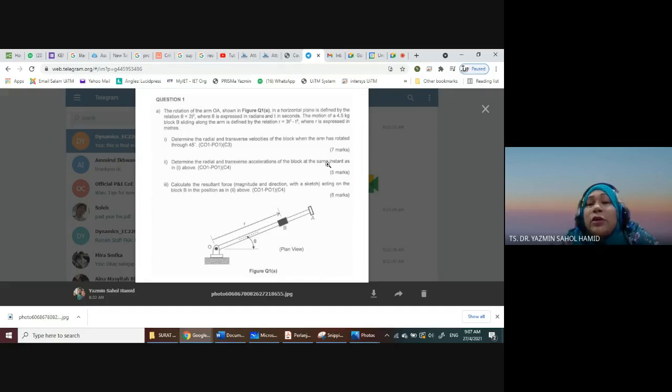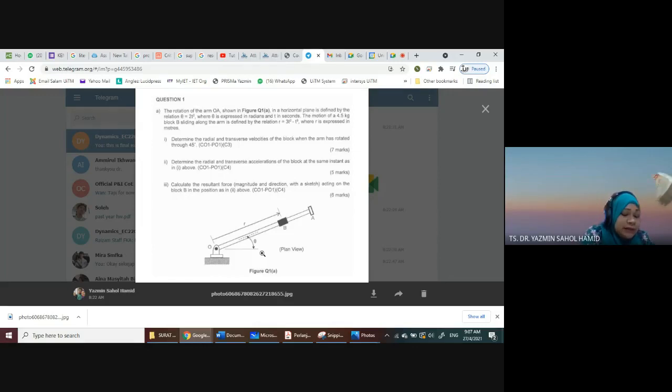So when you look at this question, you already know, oh, this is confirm radial and transverse. How do you know this question is a radial and transverse? How do you know? Because there's the angle theta, and then there's r, and also what else?